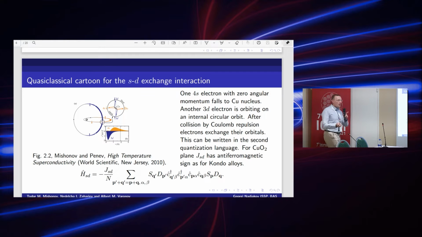So they exchange their orbitals, and the Hamiltonian at the bottom shows exactly this exchange, and we are going to study this exchange to see what result we will get. On the picture, the slight inset shows the R-dependent wave functions of both orbitals.